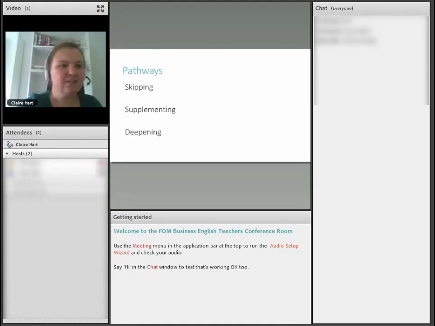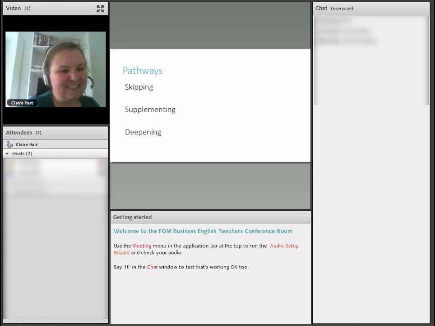Okay, and connected with supplementing is what you could call deepening. Okay, sounds a little bit scary, but perhaps. But what I mean by deepening, well, it could be different things. It could be deepening knowledge, understanding of a particular area, which is not included in your syllabus.